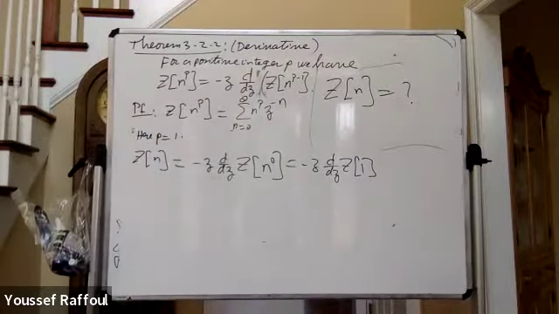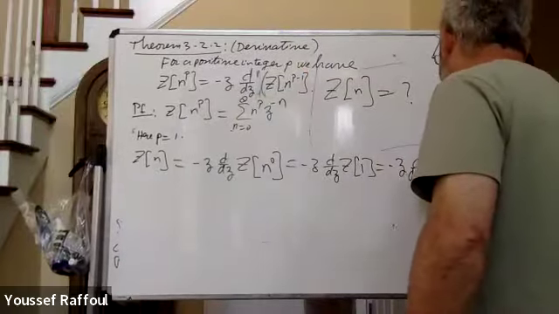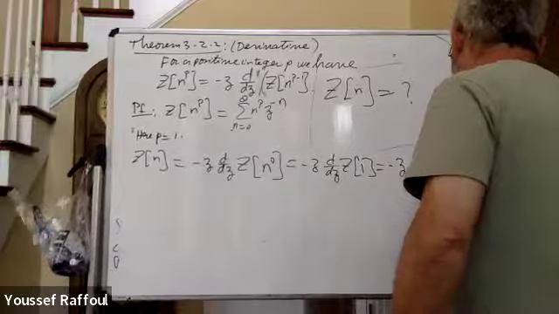And what is Z of 1, guys? That is minus z d/dz of z over z minus 1.